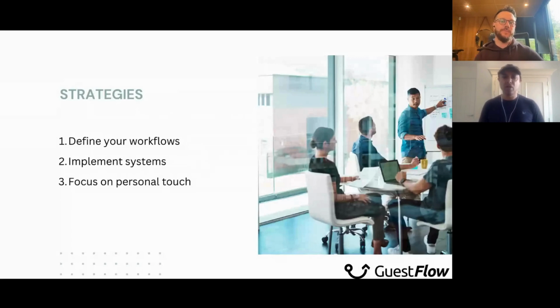It's thinking about what's the information that's going to be required to complete that task. So if we're sending a check-in request, what information do I need? I need to know when they booked. I need to know the guest's name, email address. I need this information so that I can actually request that check-in.